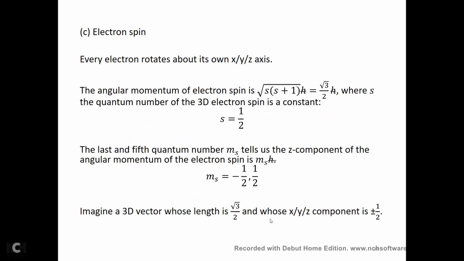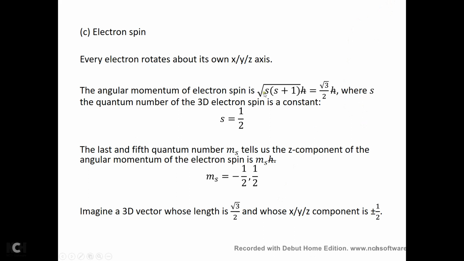Electron spin. Every electron rotates about its own center, or its own x, y, and z axis. It's also possible to calculate the angular momentum of the electron spin. It's a constant, the square root of 3 over 2 times h bar.